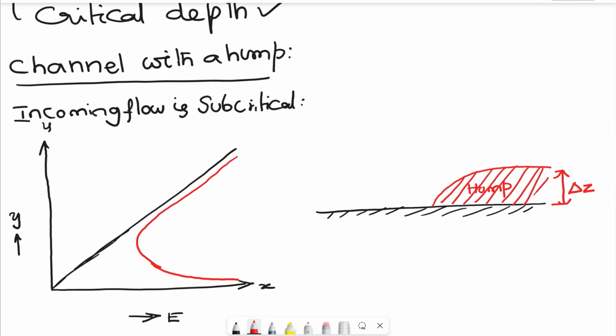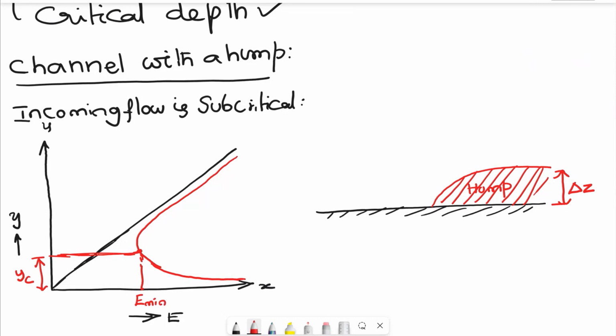It continues, and where the minimum energy is, this is the minimum. Corresponding to this minimum, the depth of flow is called critical depth, Yc, and this is E minimum.